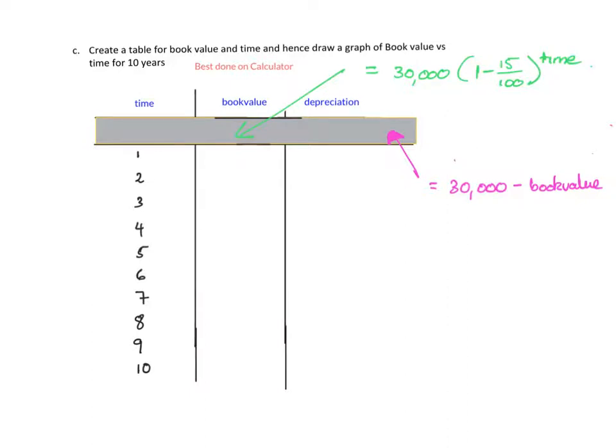So this is best done on the calculator, and I'm going to show you how to do that in class. But if you have a look now on the table, I've shown you what you should be putting into your calculator. That grey section in our lists and spreadsheets is where we put the rule in. And when we put those rules in, this is what we will end up with.